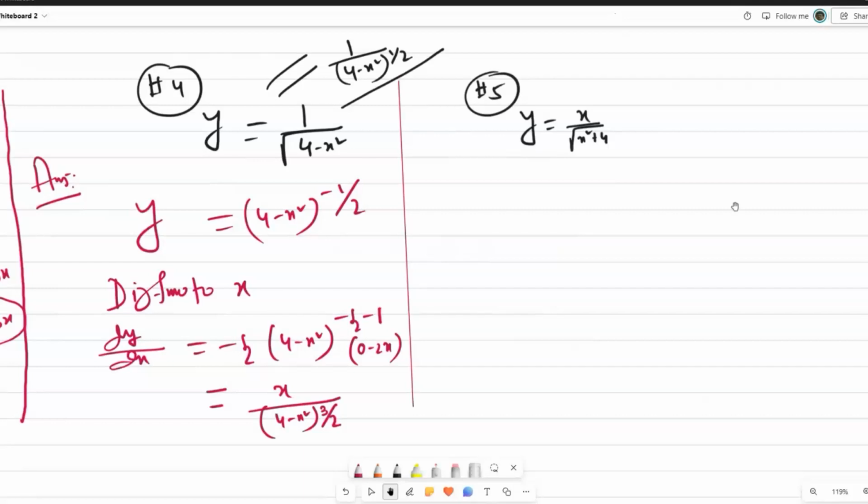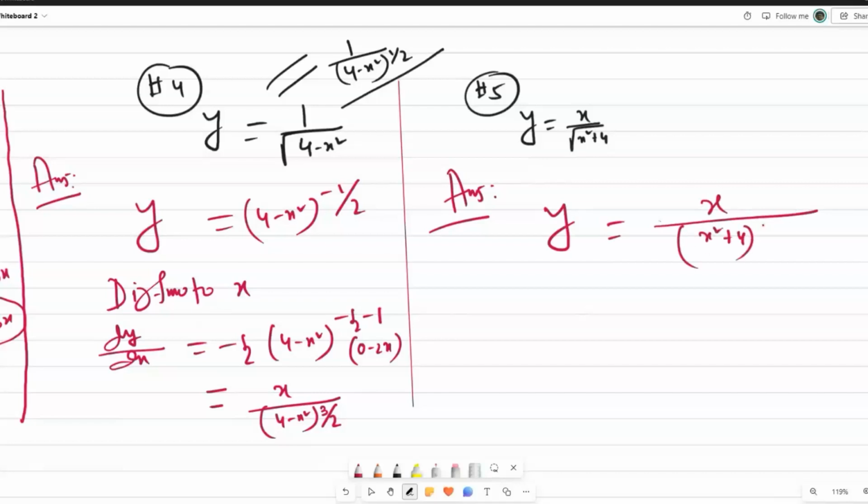So for x by root x square plus 4, what to do? This one is a bit more difficult than the previous ones. But if you remember chain rule, it's not a problem at all. It is x by x square plus 4 to the power half.